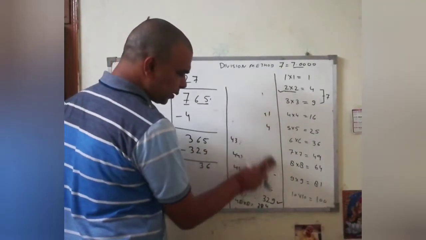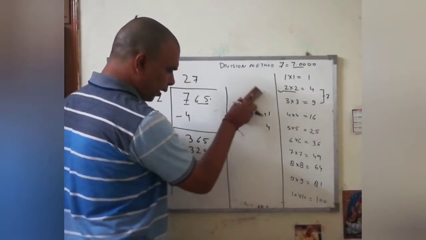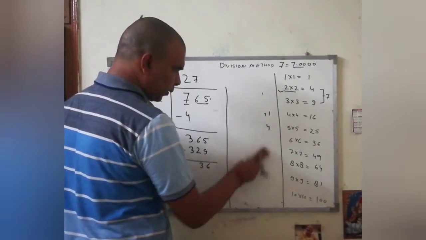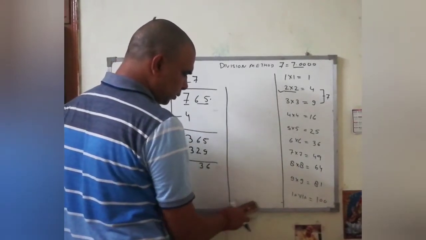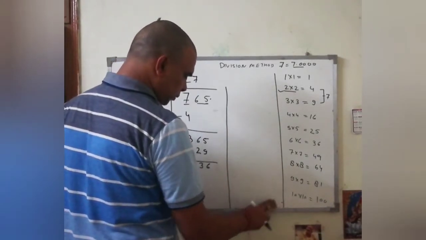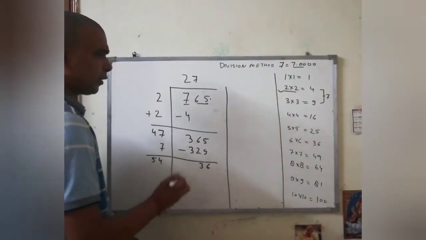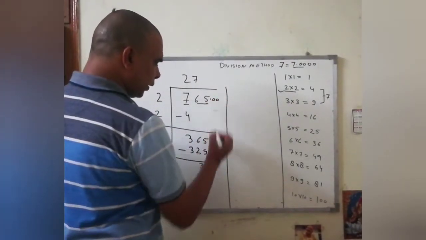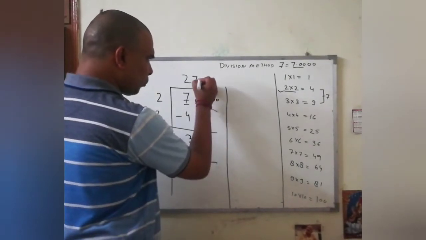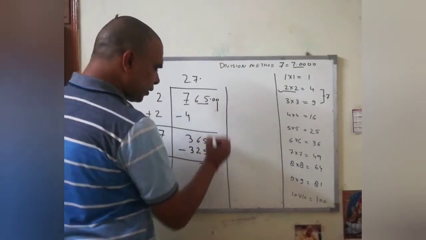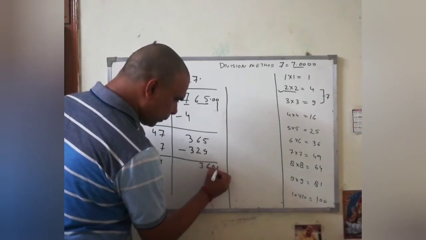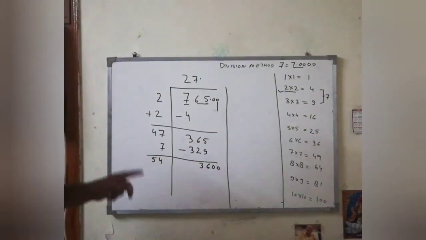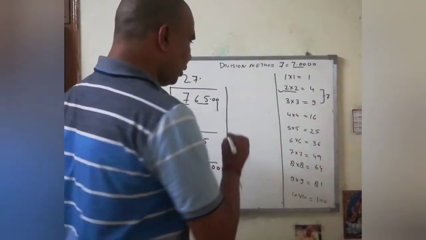So you can use a point here and you can extend 20 here, and you can copy, put the point here and copy this 20 here. Now your game will start with 54.